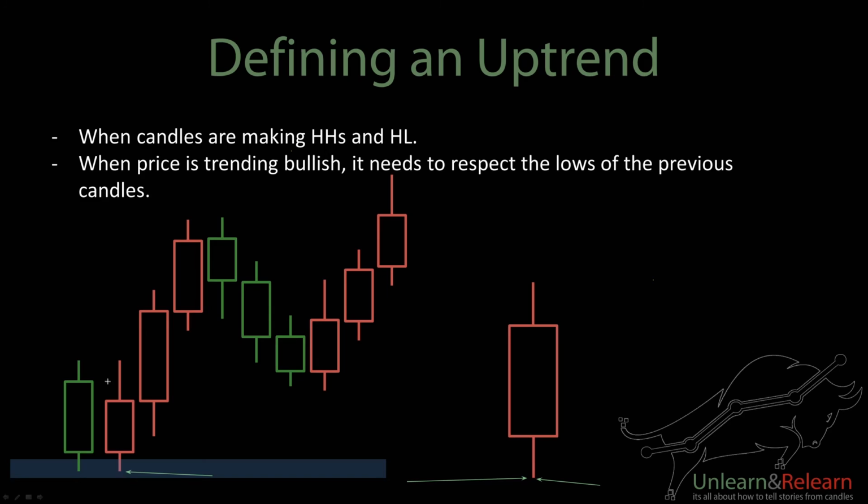I'm going to go really slow over here. Make sense? It went up, made a high right over here, and then it started to move down, and it closed maybe right over here. This is the close. The 4-hour candle is closed, right?